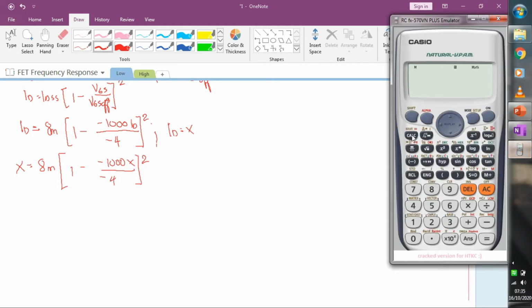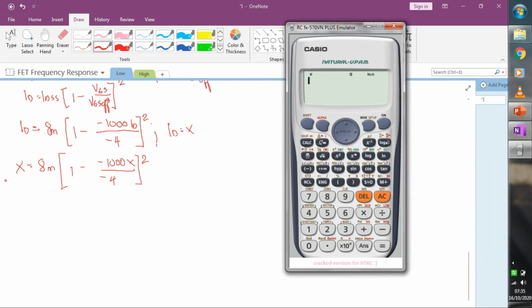If you're a pro already, you don't need to use X. So X is equal to 8 milliamperes, 1 minus negative 1,000 X over negative 4 squared. If you review my videos about a simple calculator for JFET, solving circuits for JFET, we solve the values of x1 and x2 because our equation is quadratic, so we have two values of x.